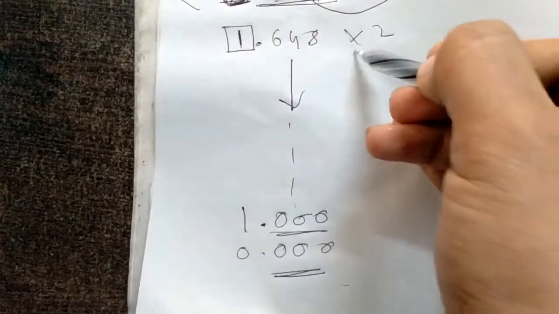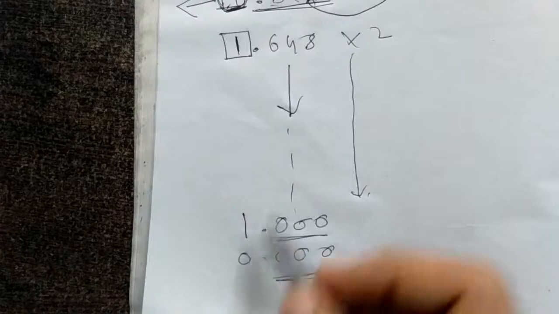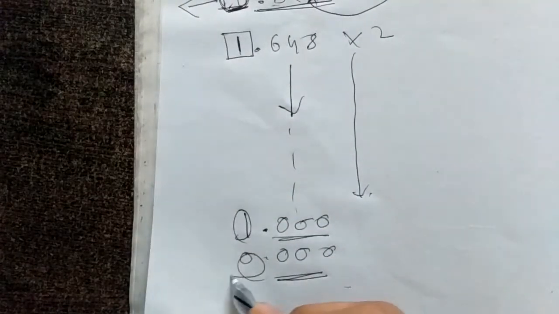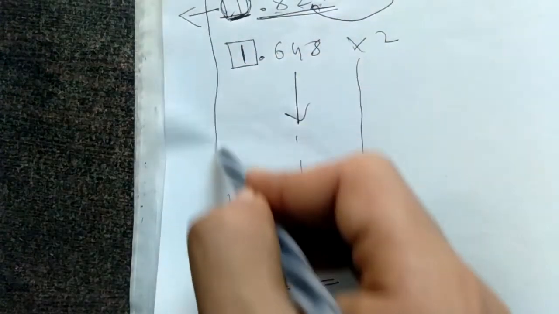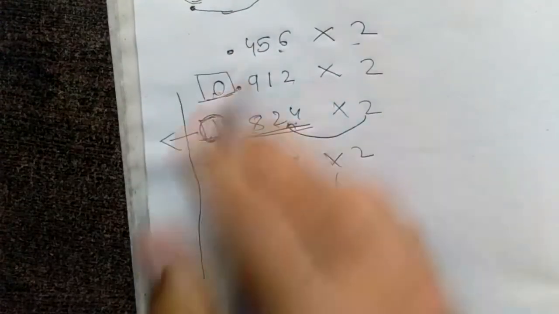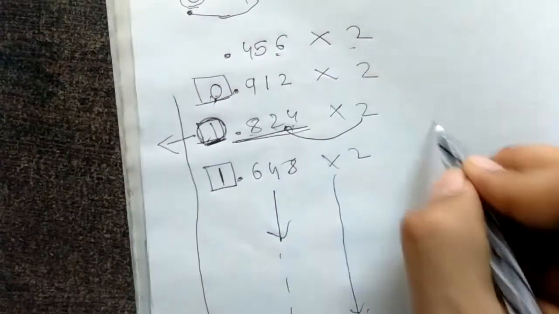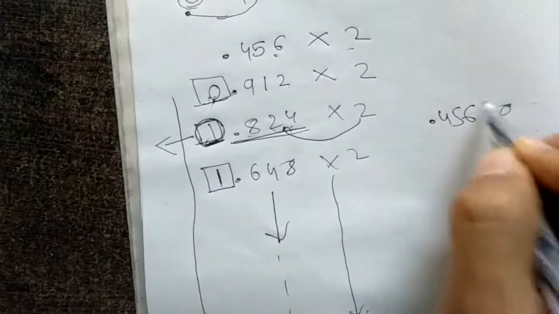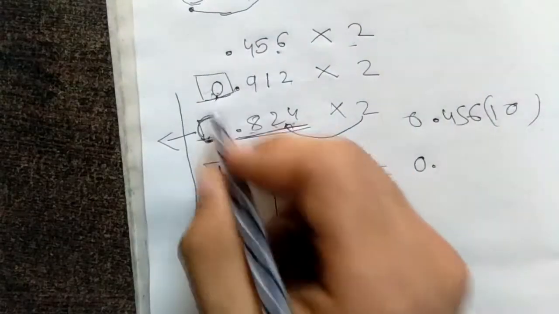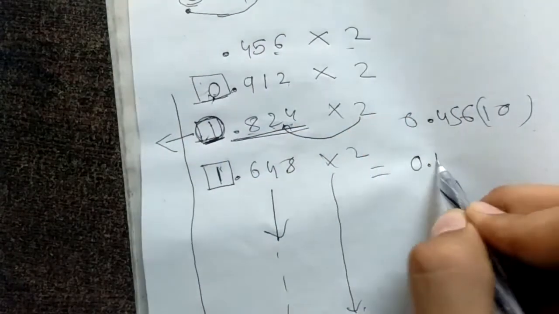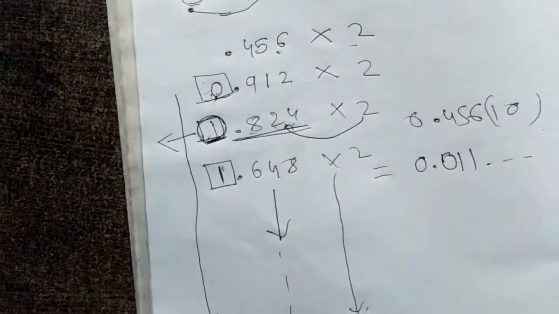Till then you should keep on multiplying by 2, and finally you write the digits from top to bottom. So 0.456 in decimal would be 0.011101, and then followed by the remaining digits.